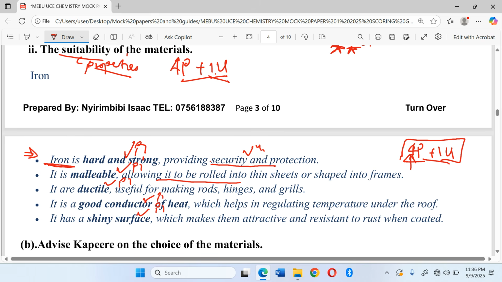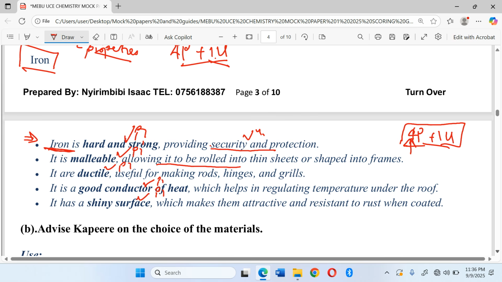So those are the ones that we are looking at. Suitability of material, that is iron that I have chosen, and it is part of part A, part of the material that we have been talking about.